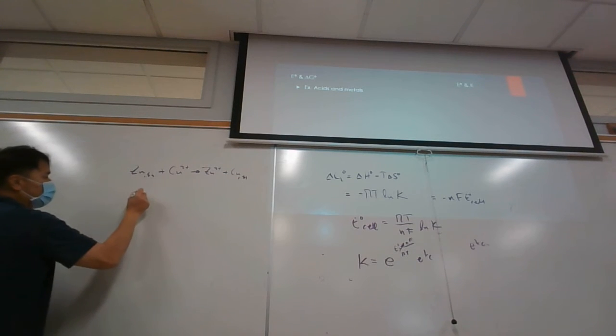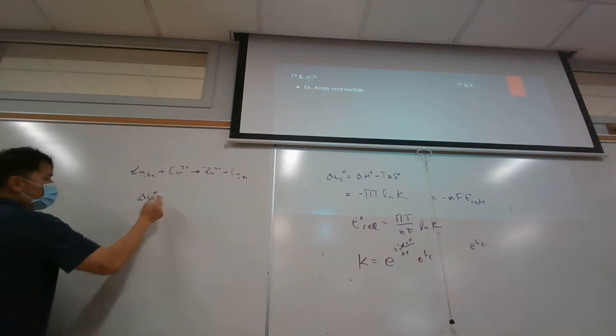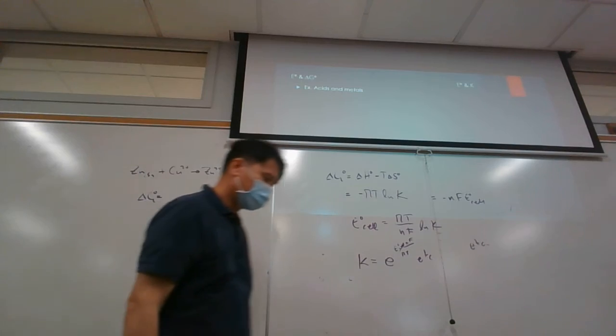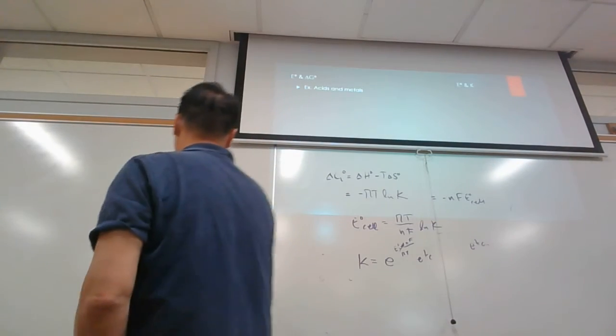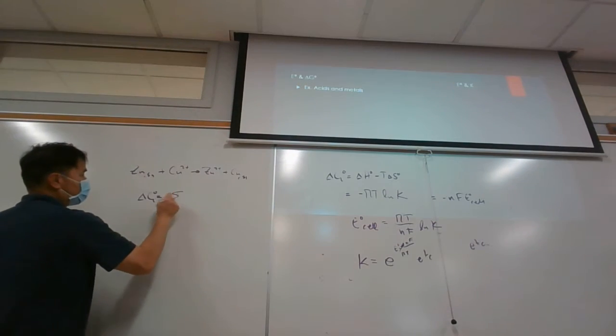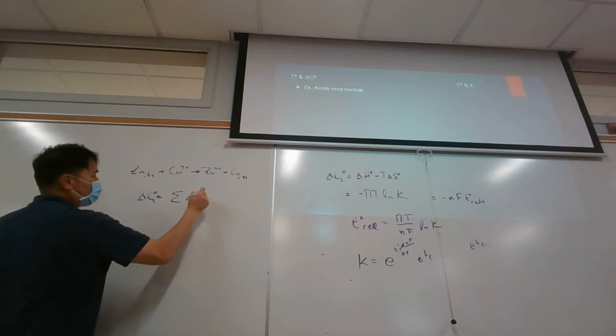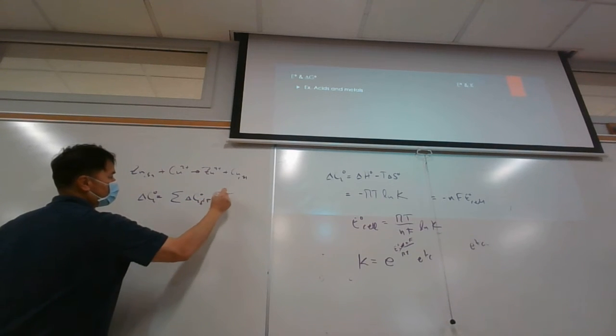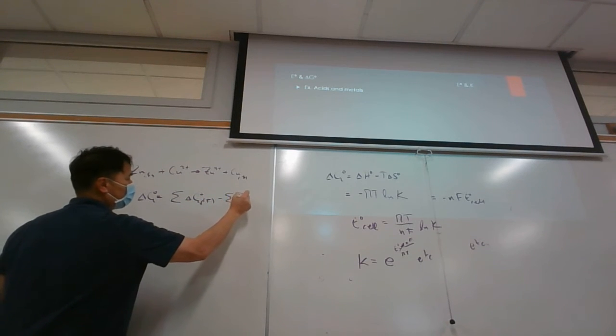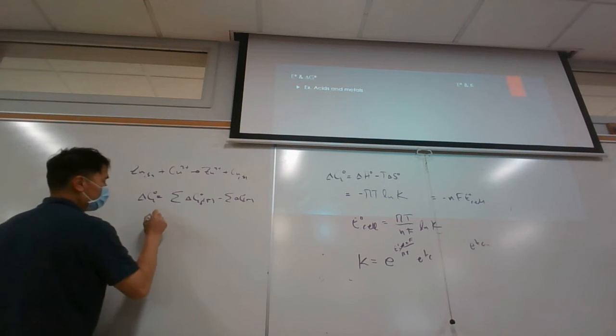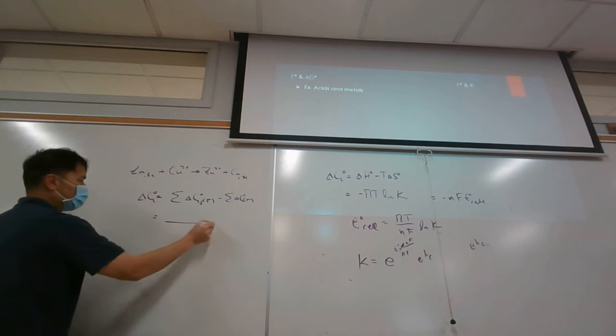What we're going to have is, okay, we can figure out what delta G is for this reaction. We're just going to use the delta G's of formation. So if we look at the sum of the delta G's of formation of the products minus the sum of the delta G's of formation of the reactants, then we'll get our delta G value here.